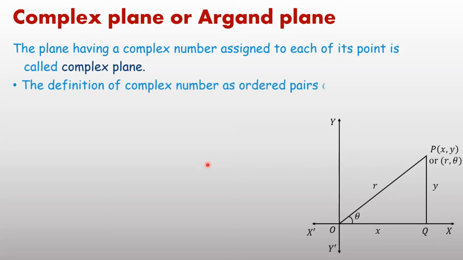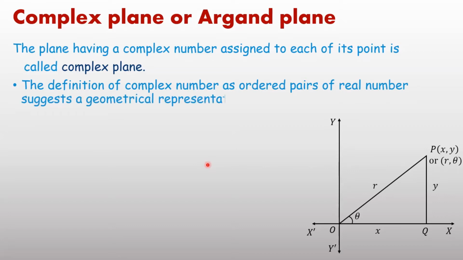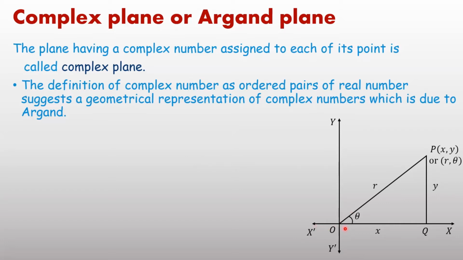All properties of the complex plane are the same as the Cartesian plane. The only difference in the case of the complex plane is that the x-axis is known as the real axis and the y-axis is known as the imaginary axis. And if point P is given as x comma y, it implies it is written as x plus iy.